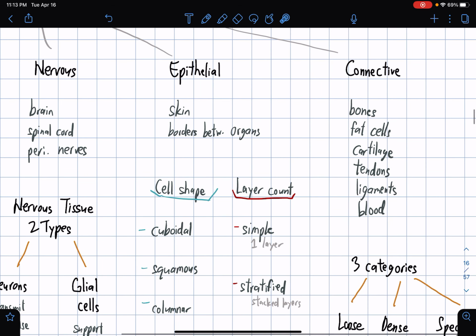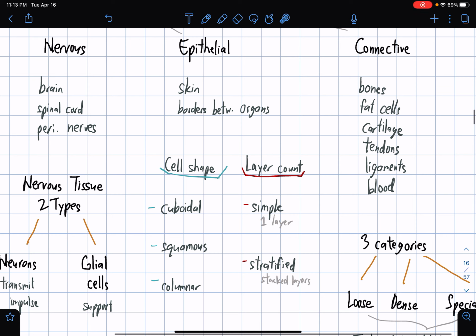Epithelial tissue. So this is the kind of tissue found in the skin, the largest organ of the body, and the borders between organs. For cell shape, epithelial tissue has three types: cuboidal, squamous, and columnar. For the layer count, we have simple and stratified. Simple is just one layer. Stratified is stacked layers.